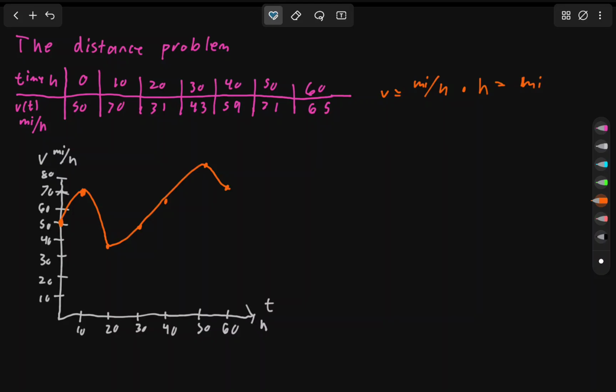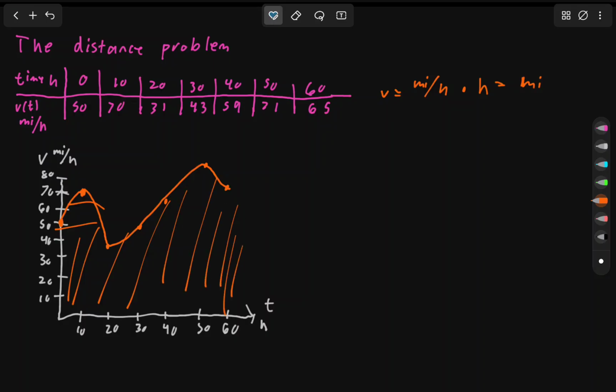So, looking at this graph, we have a velocity value times a time value. So the area underneath this curve is really going to be the displacement.